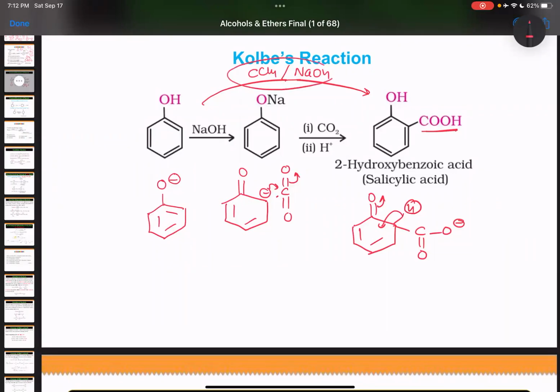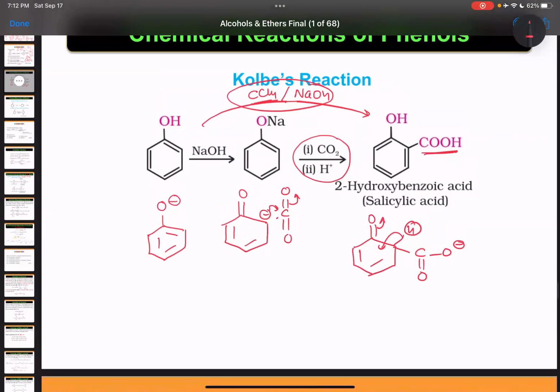This is the other way to do this, so there are two ways: either you take NaOH and CO2, or you take CCl4 and NaOH. After attack, you will have 3 Cl left, and 3 Cl will change to 3 OH groups, and upon removal of water they will give COOH.